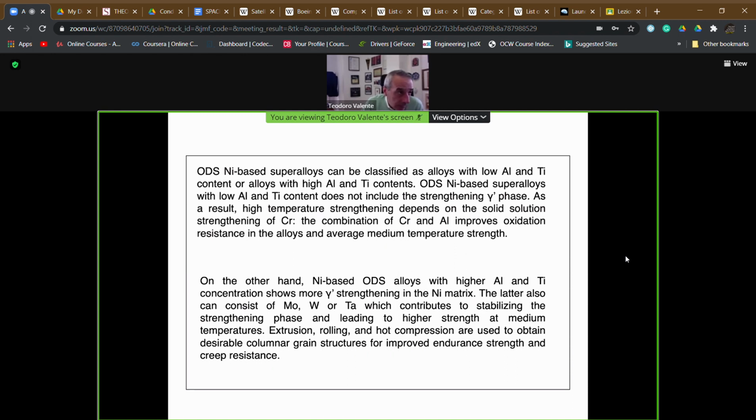That we are thinking about higher working temperature. It means we are thinking about working conditions in which, remember, diffusion creep is very important, not only creep based on dislocation movement.